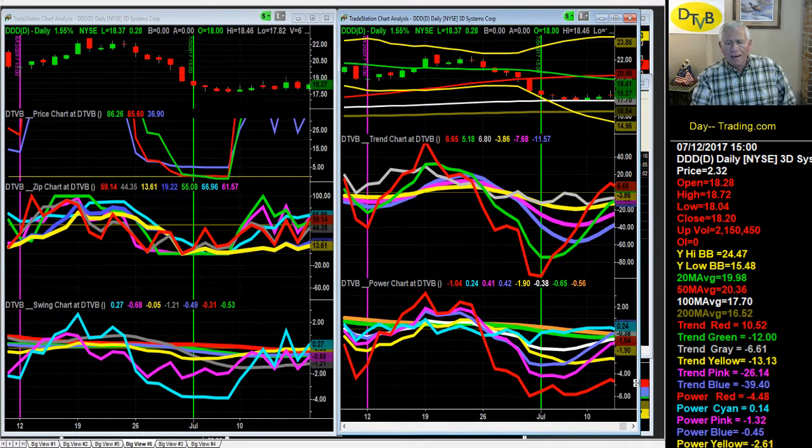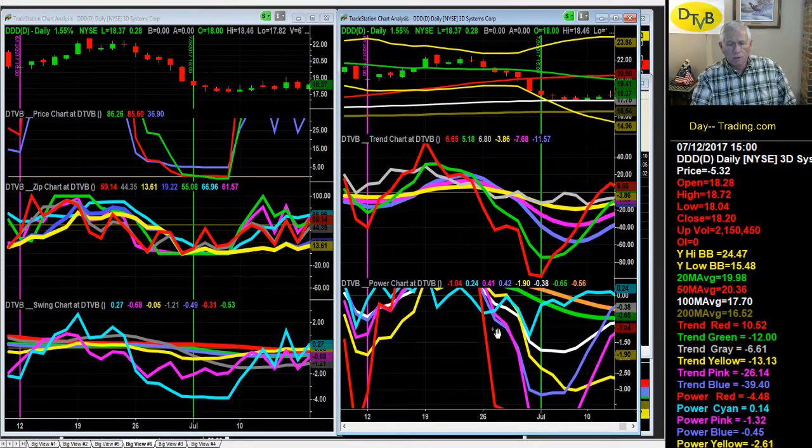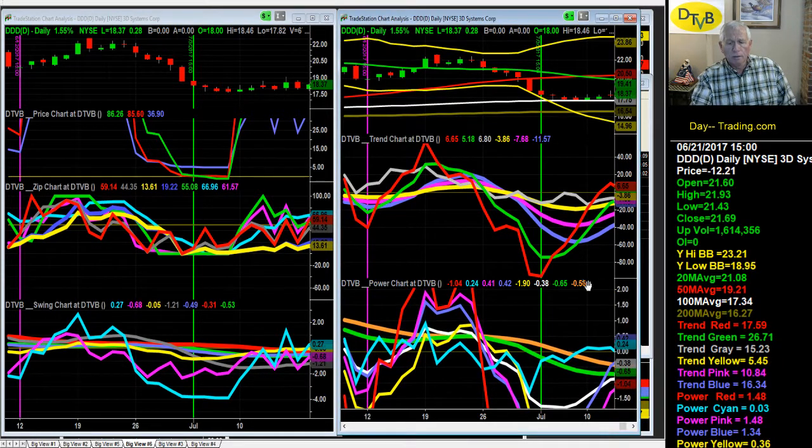And now let me emphasize those 3 short-term trend groups. The trend trio, yellow, pink, blue, the power orange and green lines, and over in the swing chart, the red and green lines.